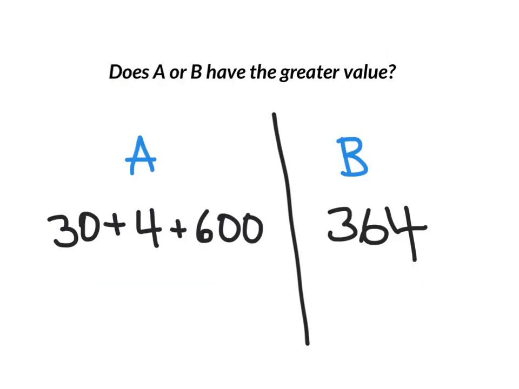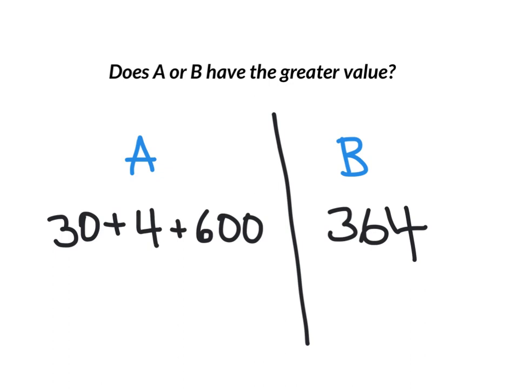Okay. Now, let's look at these two numbers. It says, does A or B have the greater value? So look closely at this number and look closely at this number. Which one of these two has the greater value, A or B?